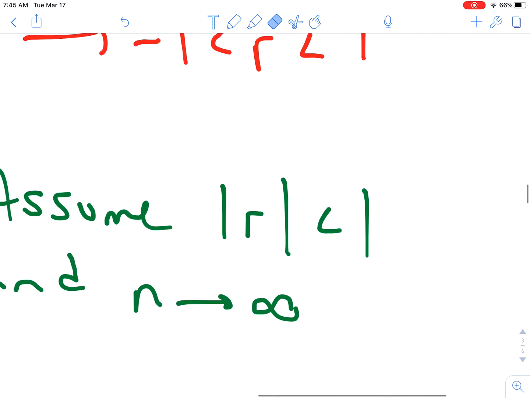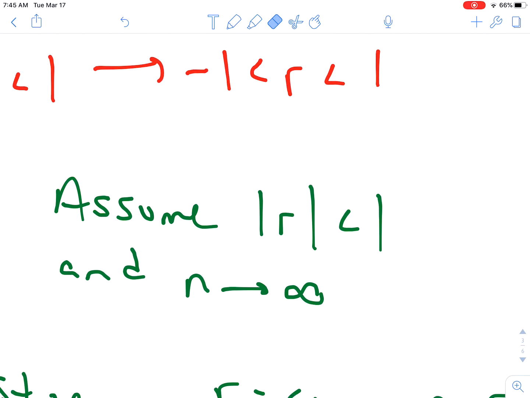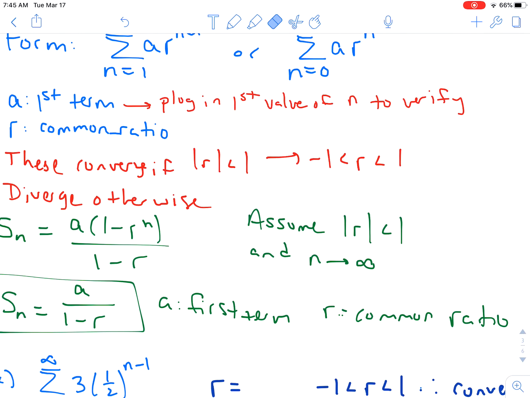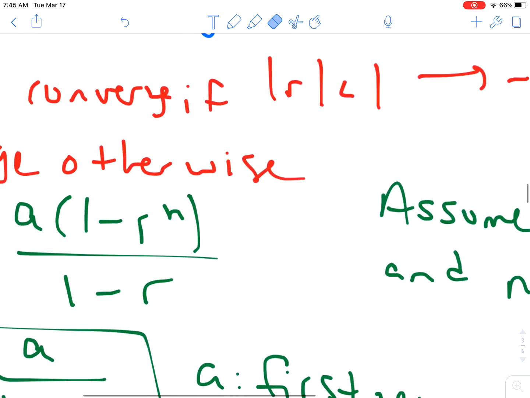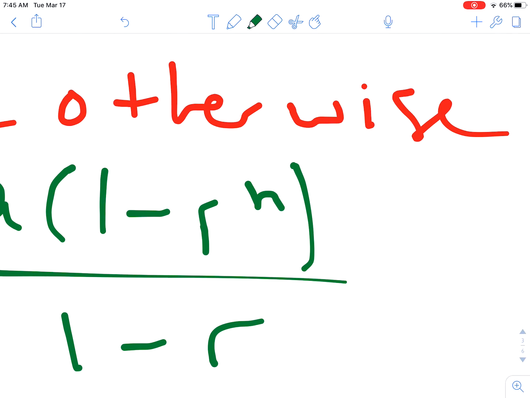Under that assumption, we're saying that the absolute value of r is less than 1, and n is going to go to infinity. So think about what's going on with this right here. Again, we talked about it a moment ago, when r was -1/3 and I kept multiplying it by itself over and over again, those fractions approach 0, okay?